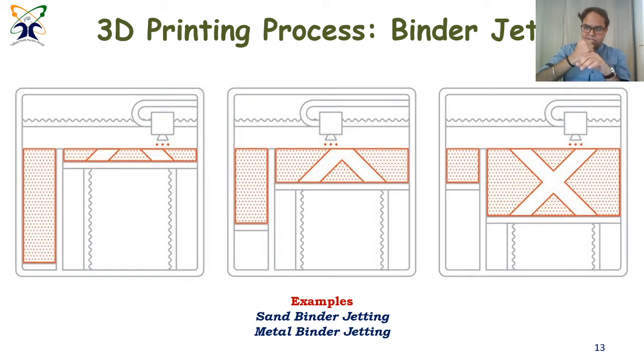So you basically pour a chemical liquid, which interacts with the powder and gives a solid object. This process is also used for sand or silica, and also for metals. So this is another way of producing metal parts, and also for sand castings.